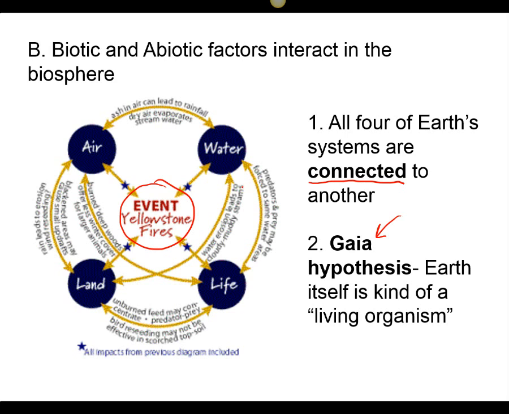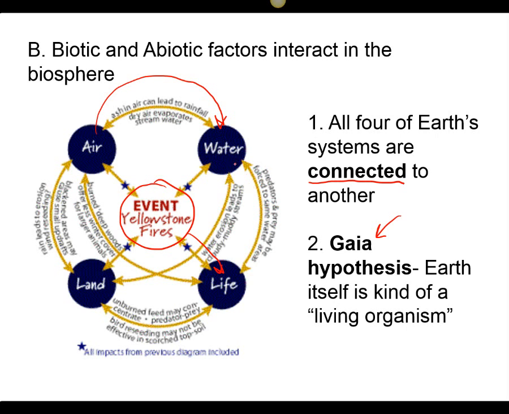Well, some of the things that it says here is that the ash in the air can lead to rainfall, and dry air evaporates and causes steam water. So what happens in the air affects what happens with the water. Water erosion may lead to cloudy, muddy streams. And so this water erosion will affect this life. Predators and prey may be forced to the same water area.